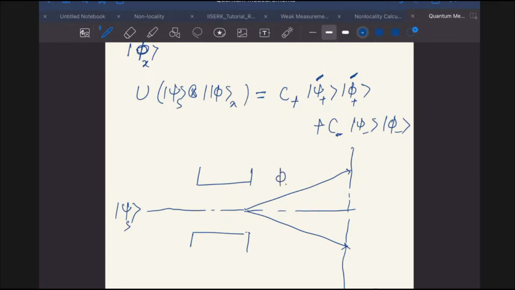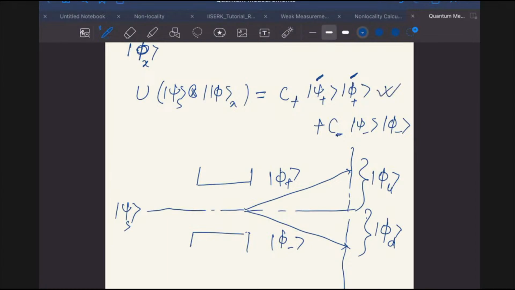This association, phi plus and phi minus, is this, but the detection wave function is some phi u, which I am representing for up, and this is phi d, which I represent for down. So this is the difference. Previously we have seen that associated with a state for spin degree of freedom, there is a state in position degree of freedom. So this association is given by this equation.